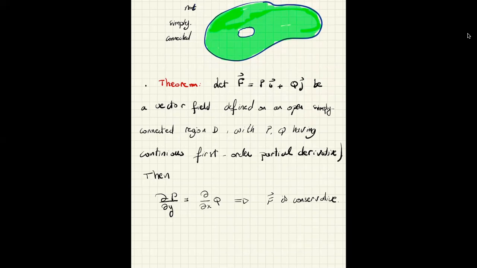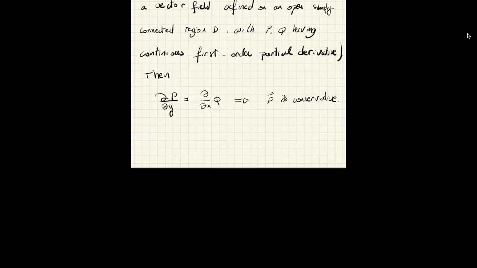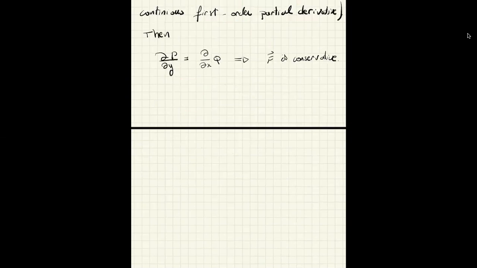So the proof of this theorem, we'll do the proof, or I will maybe just outline the proof in the exercises, but it'll follow from Green's theorem that we'll see. Sorry about that.